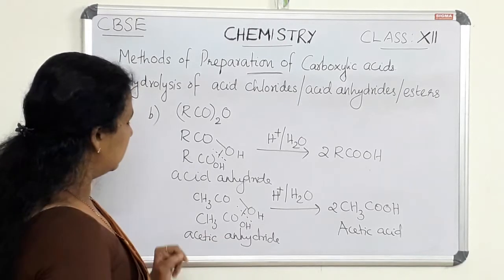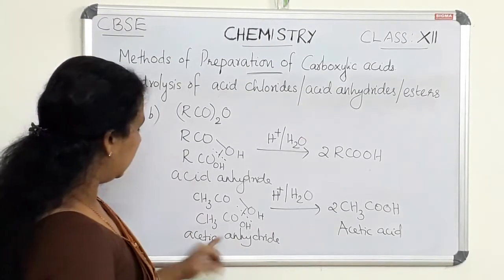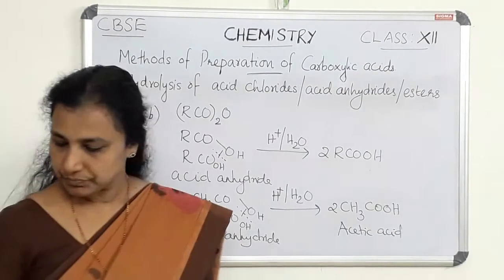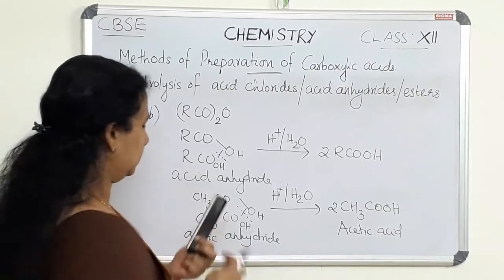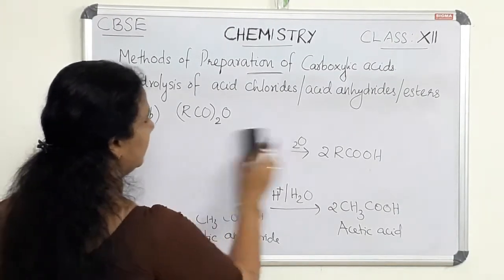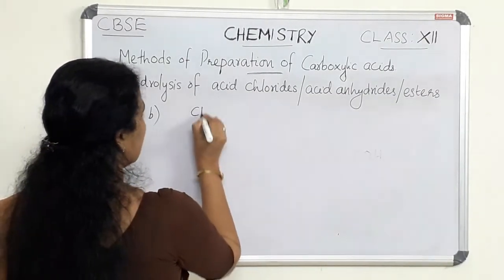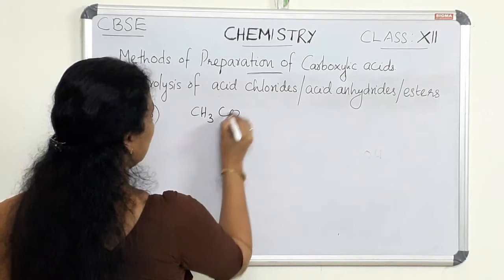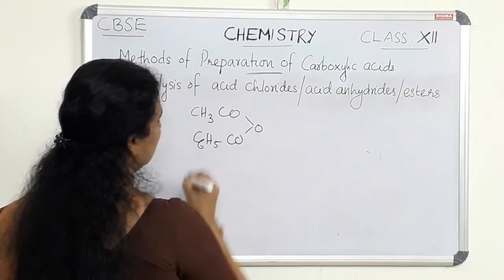So let us take different alkyl groups as an example. CH3CO and C6H5CO.